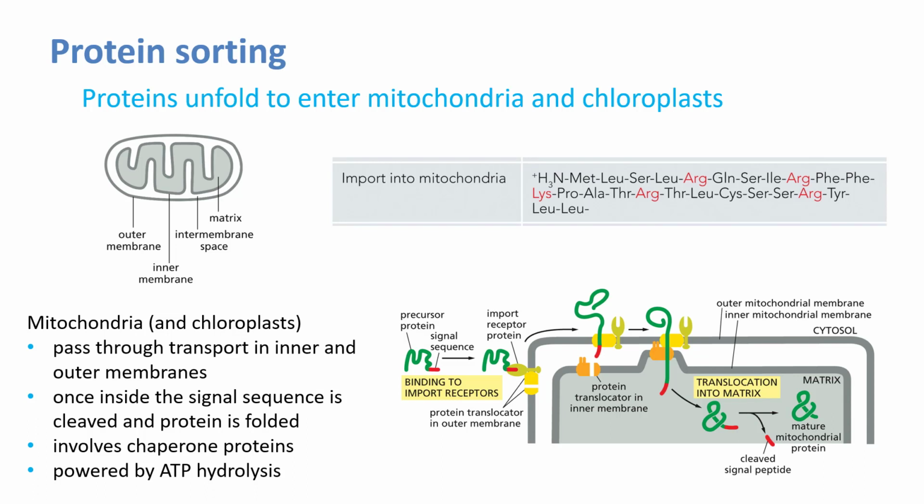Once the protein is inside that organelle, the signal peptide or the signal sequence is cleaved from the beginning of that protein, and the protein is then folded into its mature conformation. This process, once inside the cell, involves chaperone proteins, and that process is powered by hydrolysis of ATP.